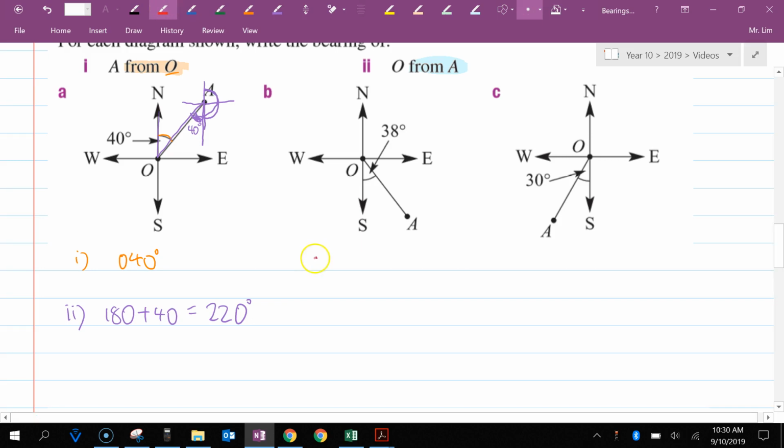So, part 1, A from O. We're starting north of O in a clockwise direction until we hit A. So that means that the bearing has to be 180 minus the 38, because 180 minus that little bit will give us the bearing, which is 142 degrees.